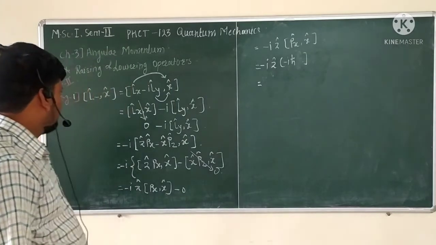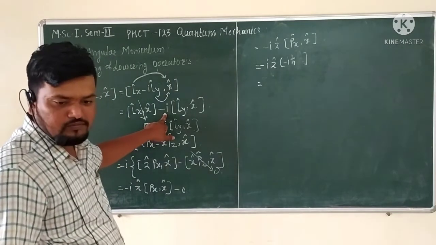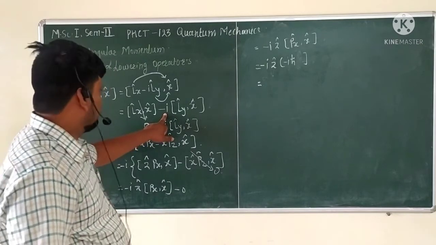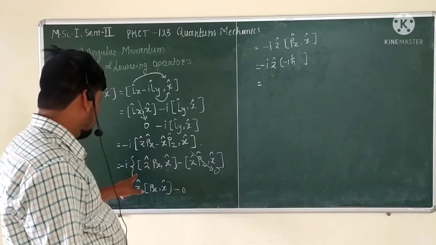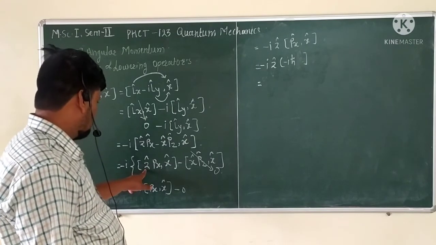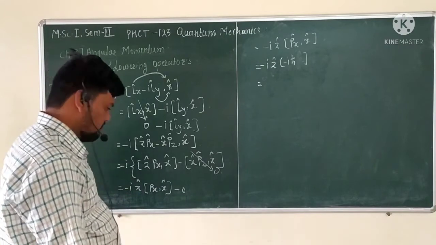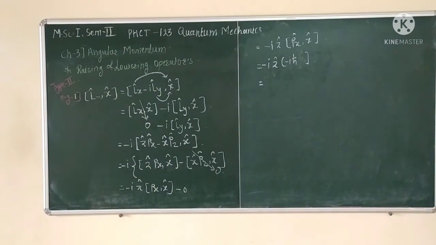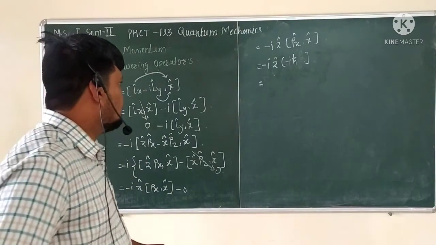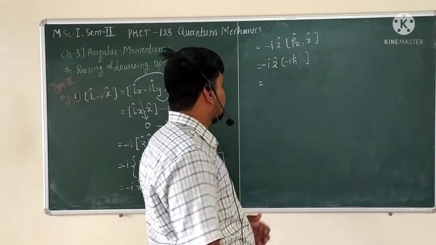Again we look at this result. Minus I is taken outside, and with minus I h cross inside, we get minus I into z cap into minus I h cross.